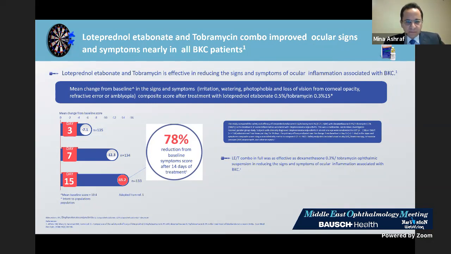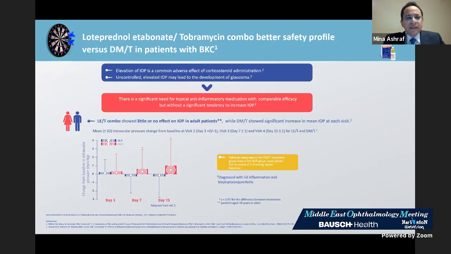However, in terms of safety, the Zylet loteprednol and tobramycin combination achieved a better safety profile compared to dexamethasone tobramycin in patients with blepharokeratoconjunctivitis. As we see here, we look at the changes from baseline in intraocular pressure between the two treatment groups. The blue charts are the loteprednol tobramycin Zylet compared to the red charts, dexamethasone tobramycin.